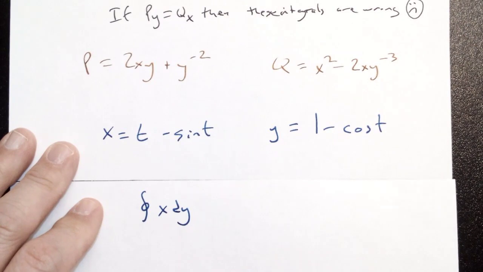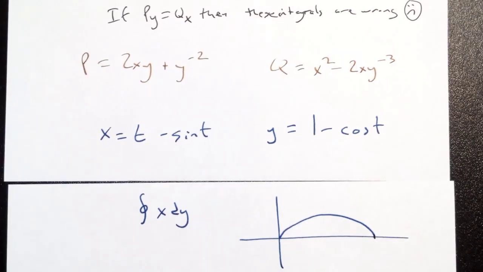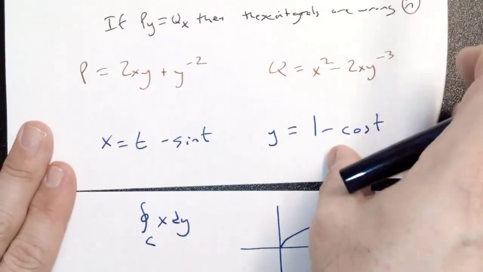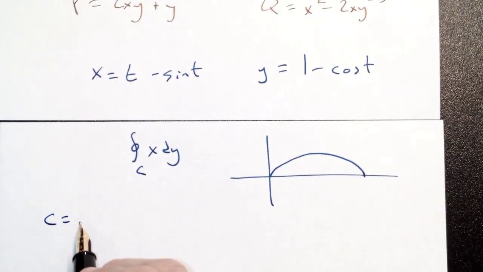Okay. That's my arch of the cycloid, right? So the integral has to be done over a curve. What's your equation for r of t?